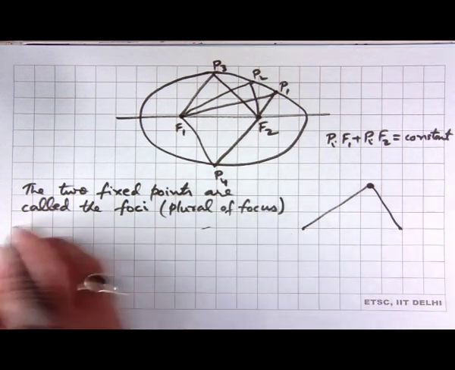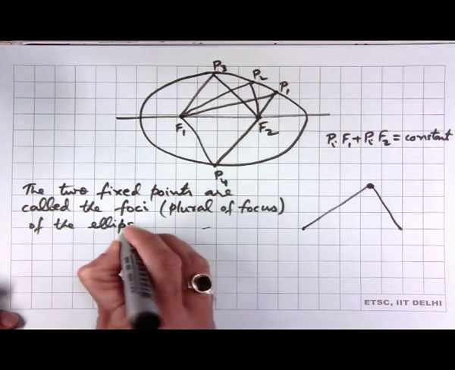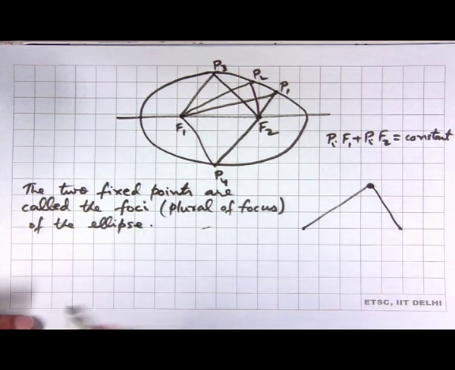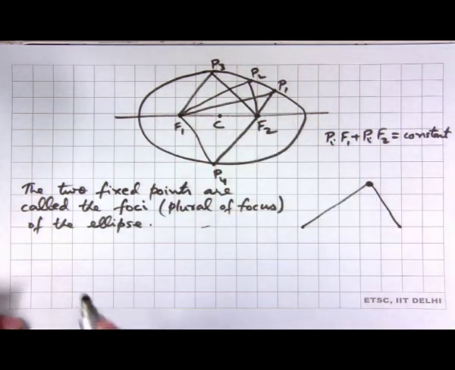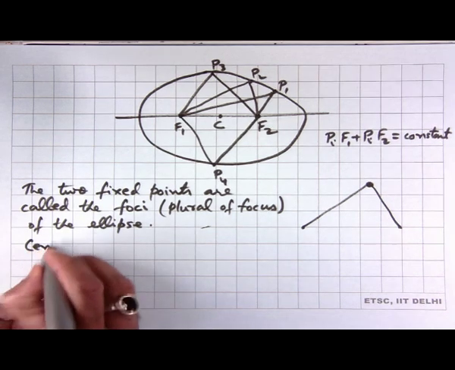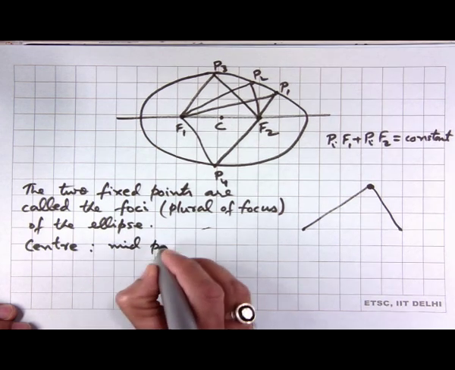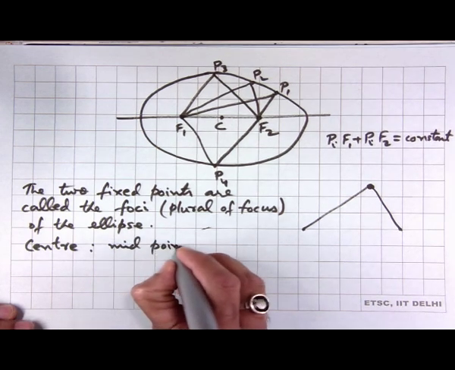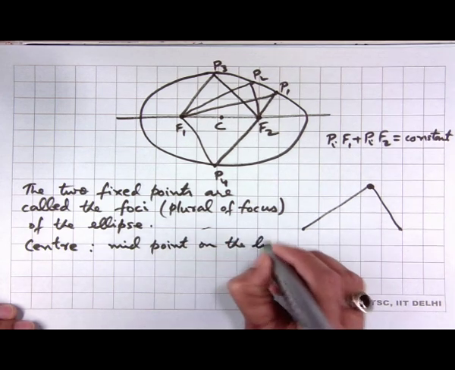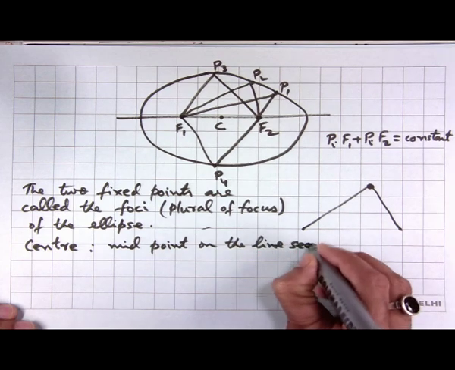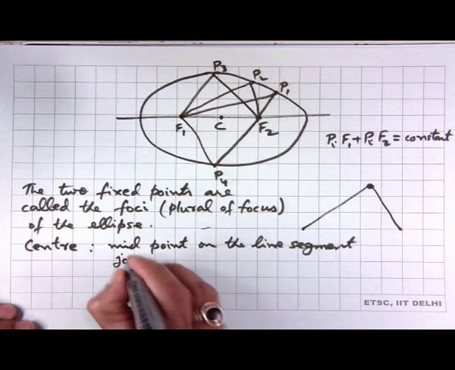So, there are two foci of the ellipse. The midpoint between the two foci, on the line segment joining the foci, is called the center.